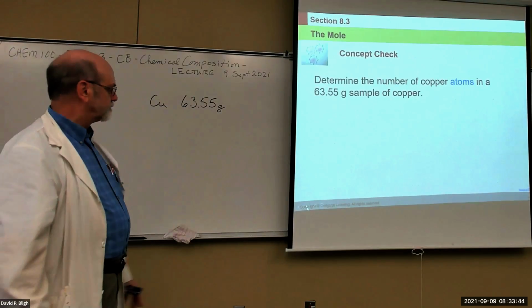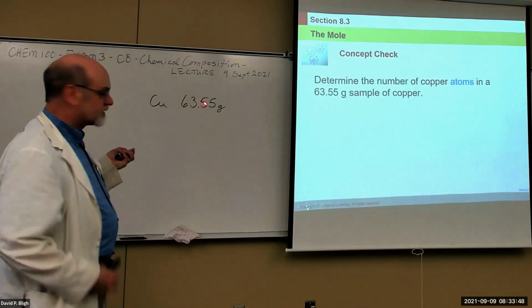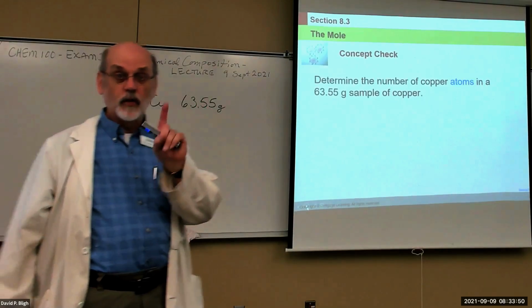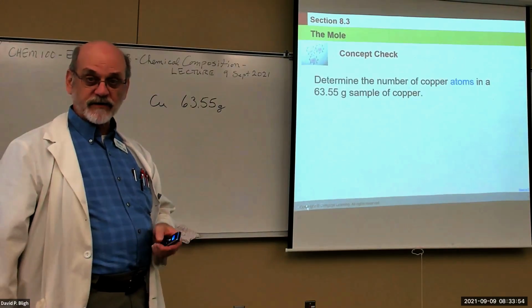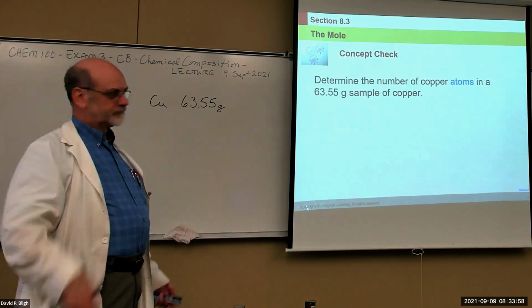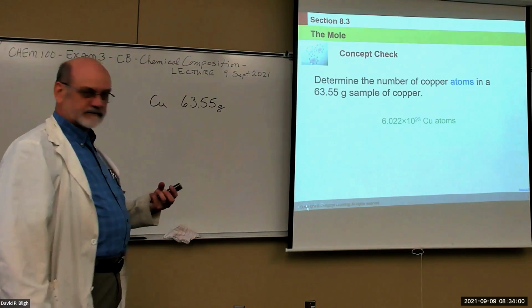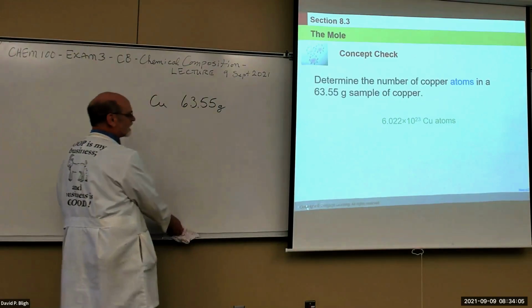But guess what? If you look it up in the periodic table, 63.55 grams is 1 mole of copper. So that's 6.022 times 10 to the 23rd atoms. You don't even have to do a calculation. It's right here. Okay? Trick question. Just to see if you're paying attention.